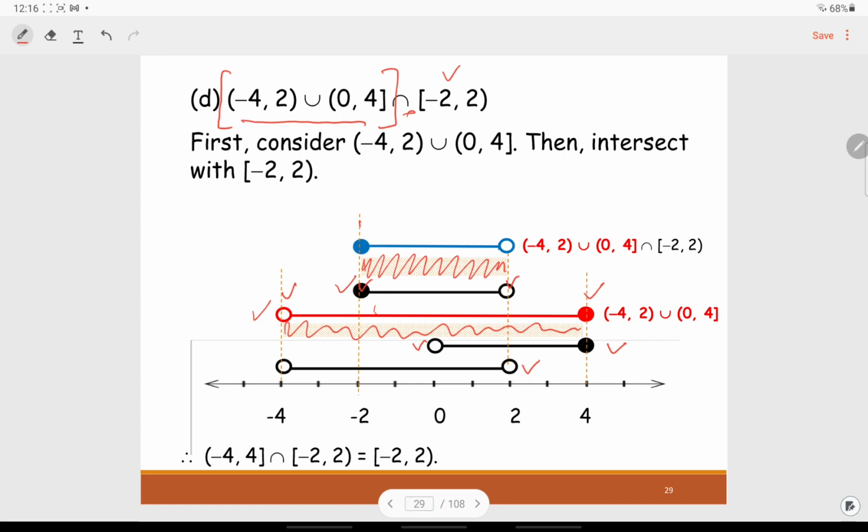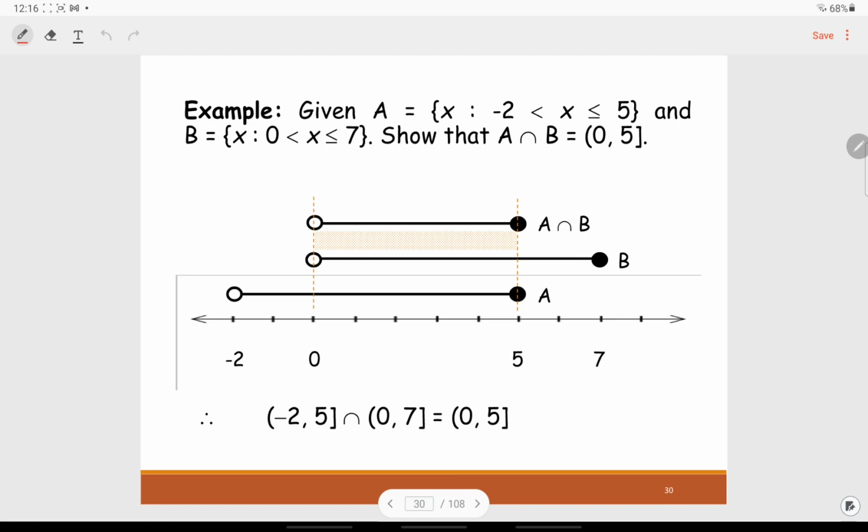At the left side we have a solid circle, which indicates a closed interval. At the right side we have a white circle, which indicates an open interval. Don't forget to provide the final answer. The final answer is closed -2 up to open 2.